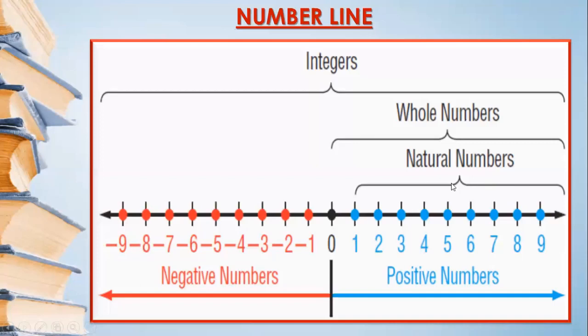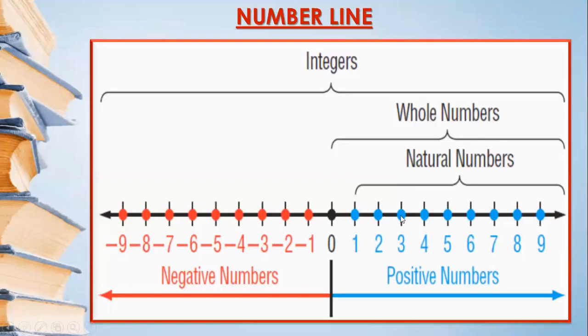And what about real numbers? They include all the numbers: these integers, whole numbers, natural numbers, and even the numbers between two consecutive numbers. For example, between 2 and 3 there are infinite numbers like 2.1, 2.3, 2.7 and so on, and even numbers up to 2 decimal places like 2.12, 2.25, 2.37 and so on.